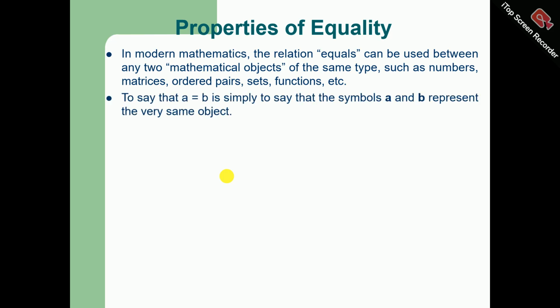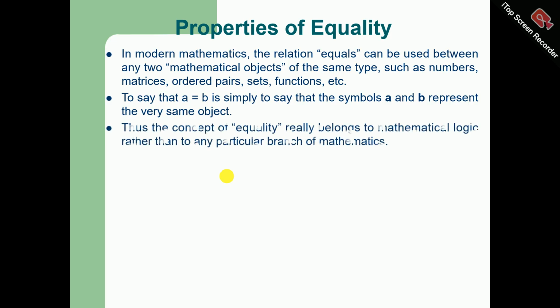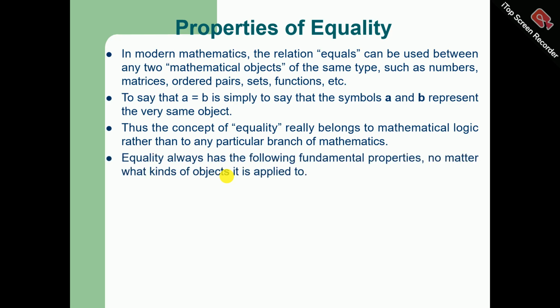To say that A is equal to B is simply to say that the symbols A and B represent the very same object. Thus, the concept of equality belongs to mathematical logic rather than to any particular branch of mathematics. Equality always has the following fundamental properties no matter what kinds of object it is applied to.